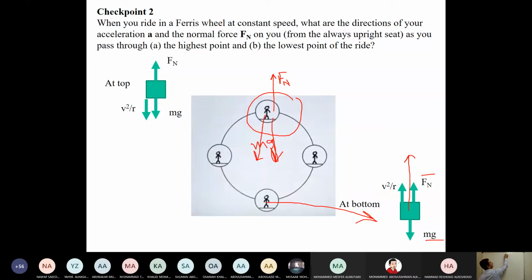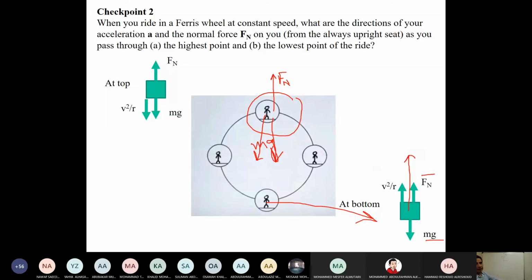It is providing you support upward, and your weight is pushing you downward. So that is the weight. These two are the forces. If you are at rest, like the wheel is not rotating, then these are the two forces you have. It doesn't matter whether you are up, down, or at the sides. All the times, this is what you have.